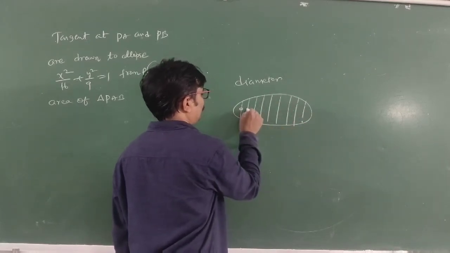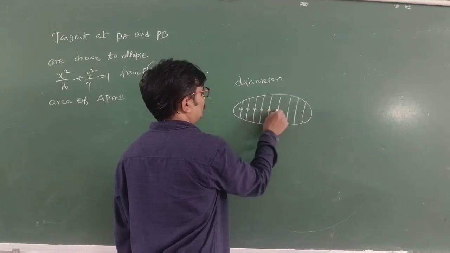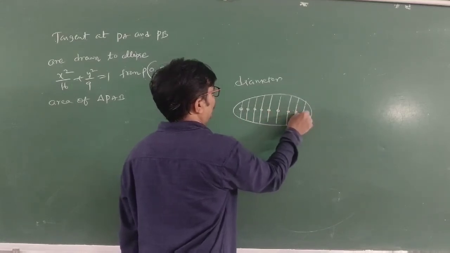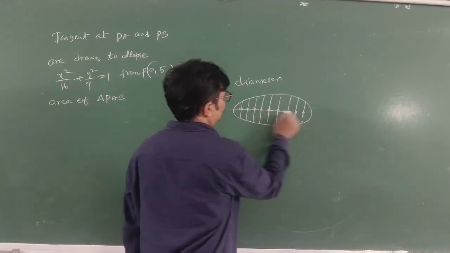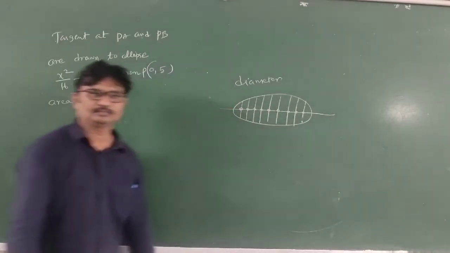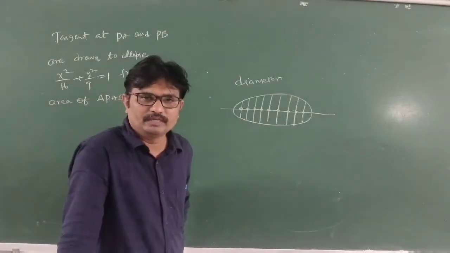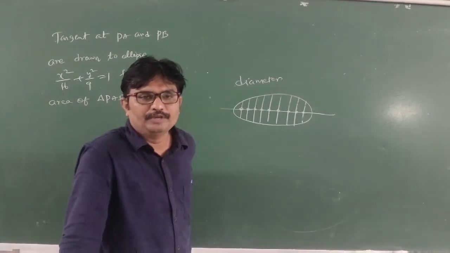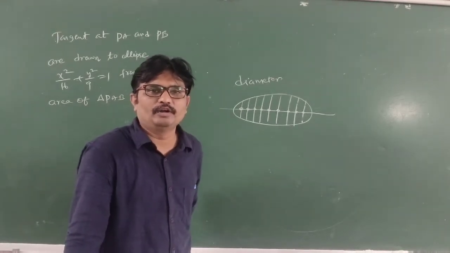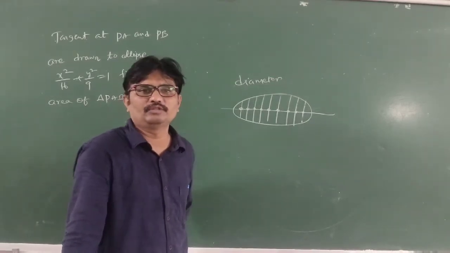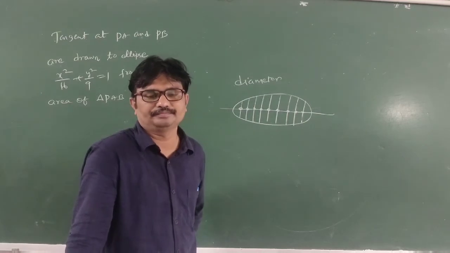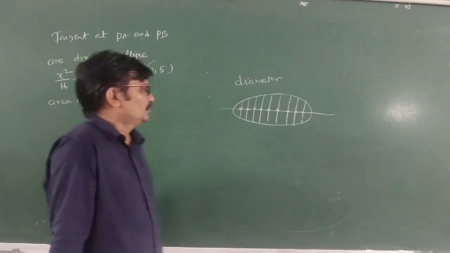The locus of the system of midpoints of the parallel chords is called the diameter. The diameter of the ellipse means the locus of the midpoints of a system of parallel chords of the ellipse. Okay, students.